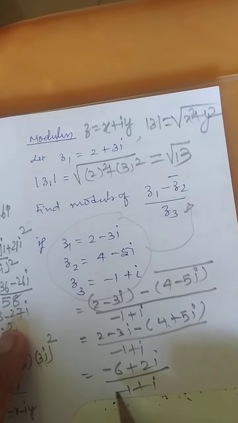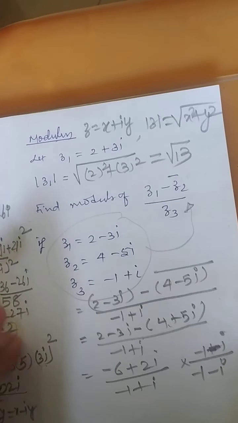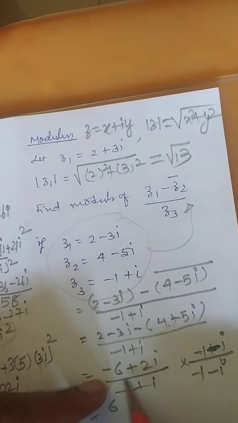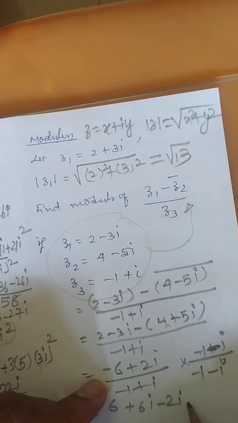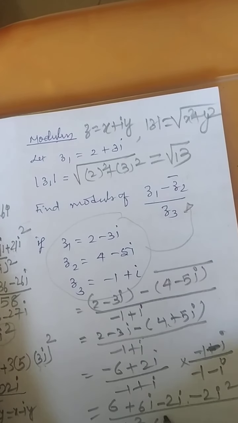Now if you simplify, you will get minus 6 plus 2i minus 1 plus i. Now the concept of division has come. So minus 1, here it is minus i. Over here also minus 1 minus i. Then simplify. You will get numerator as plus 6, then plus 6i minus 2i minus 2i square, divided by minus 1 the whole square minus i the whole square.